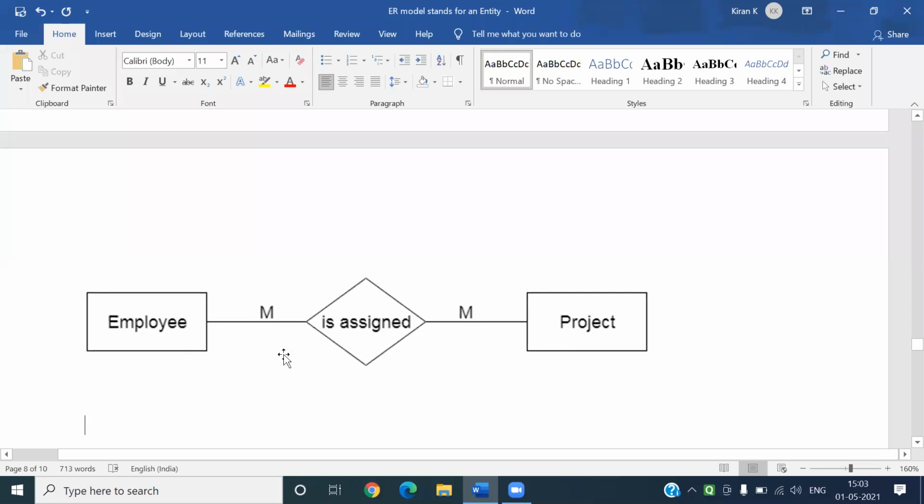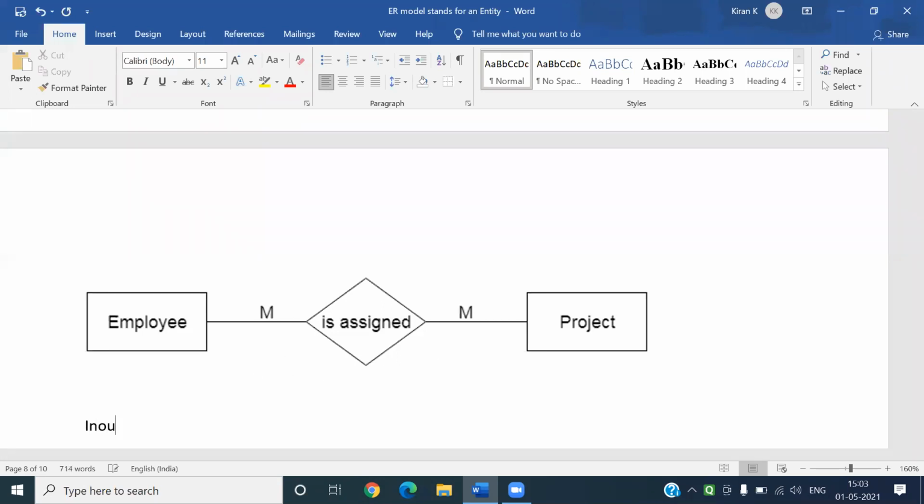A project is done by many employees. Both sides. If you take one project, you can see many employees have done that project. If you take an employee, he has done many projects. This type of relationship is called many to many relationship.